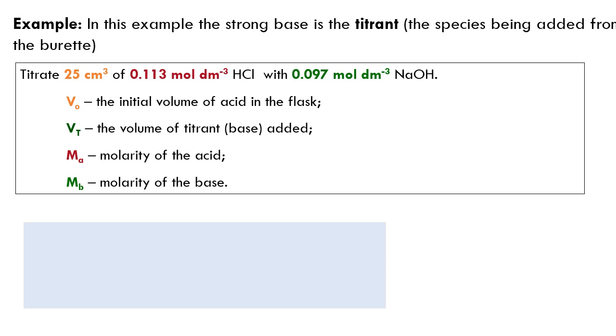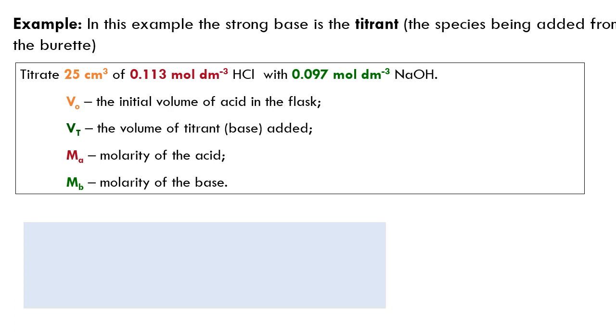All right. So in this example, we are titrating 25 cm³ of 0.113 mol/dm³ HCl with 0.097 mol/dm³ sodium hydroxide. So we have a strong acid and a strong base. Some things to consider: the initial volume in the flask will be the volume of acid, which would be your 25 cm³.